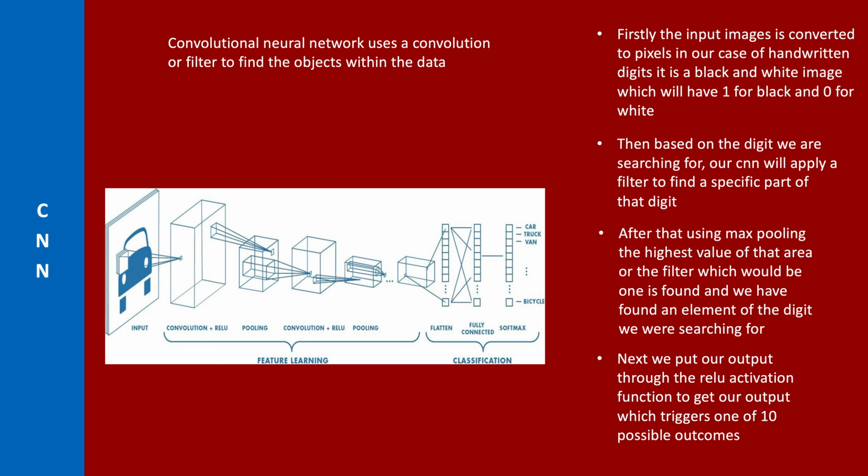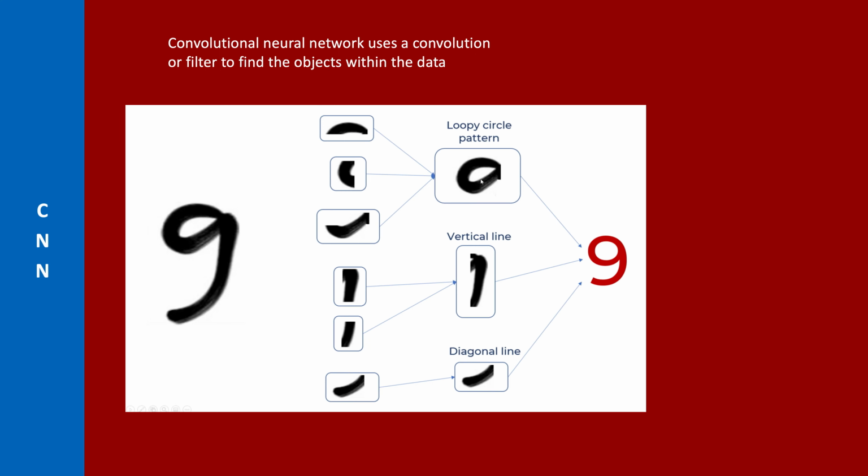The way a convolutional neural network works is that it searches for certain parts of the digit. So for example, if we wanted to check if the digit is the number 9, it will first search for the loopy circle or head of the number 9 before searching for the vertical line which is attached to the head, and finally the diagonal line at the base of the number.